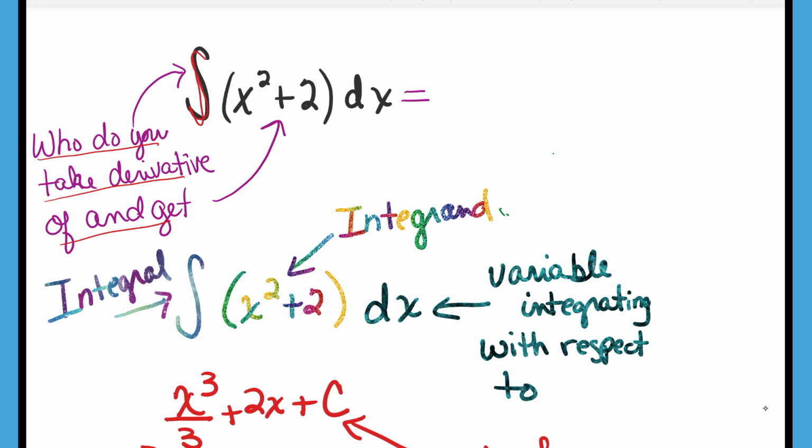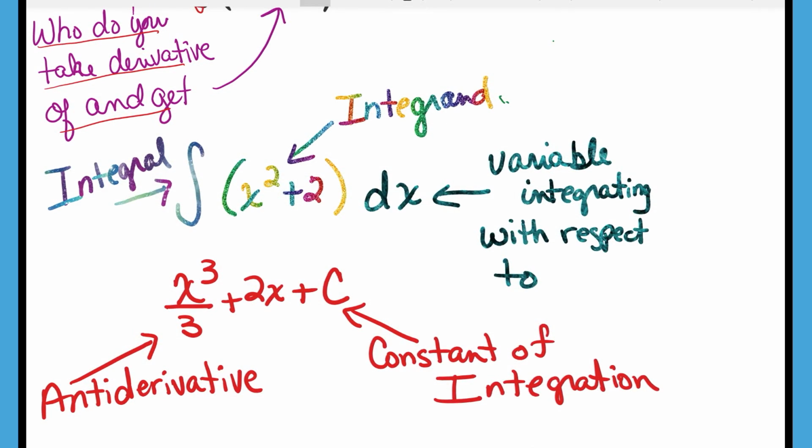That large elongated S is called an integral symbol, and the thing that follows it is called the integrand. So this long S is called an integral symbol. The function is called the integrand. And the d something is the variable that you're integrating with respect to.